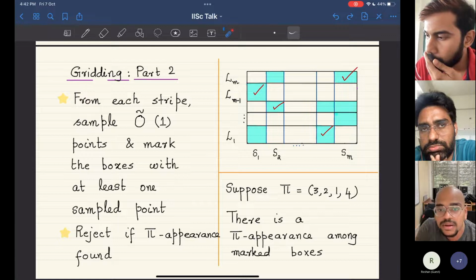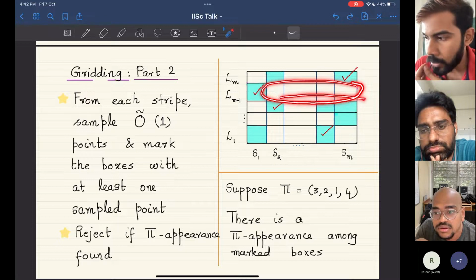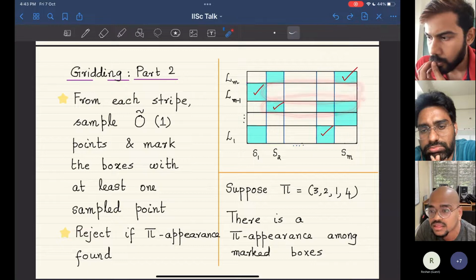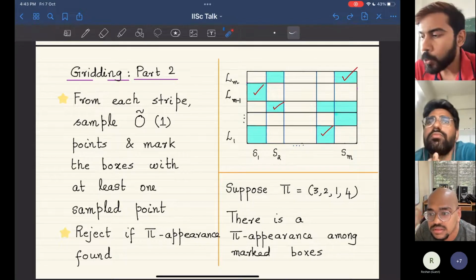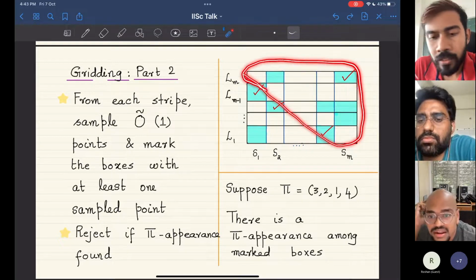In the second, I'll fill the rightmost m minus 1. And then everything else, m minus 2, m minus k. In the k-th one, I'll fill m minus k. There will be 4, 3, 2, 1, right? Basically you are saying this entire upper triangle.